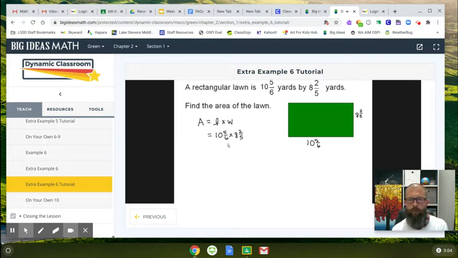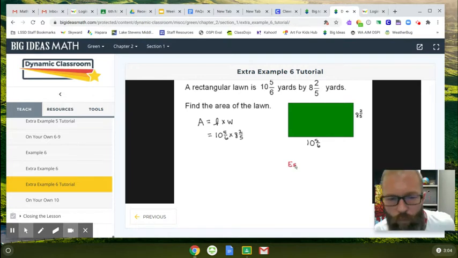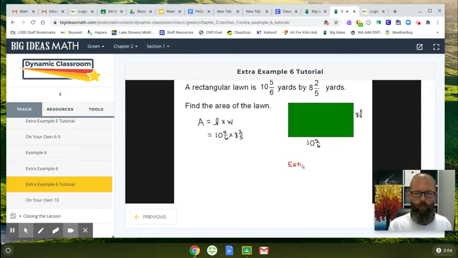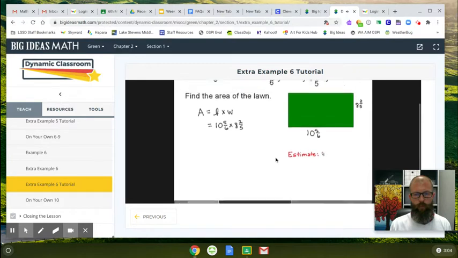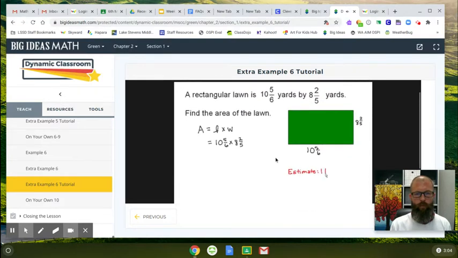So 10 5/6 is closer to 11, so we round up to 11. Then we multiply by 8 2/5, which we round down because it is closer to 8. So our estimate is 11 times 8, which is 88. So the area of our lawn is estimated to be 88 square yards.